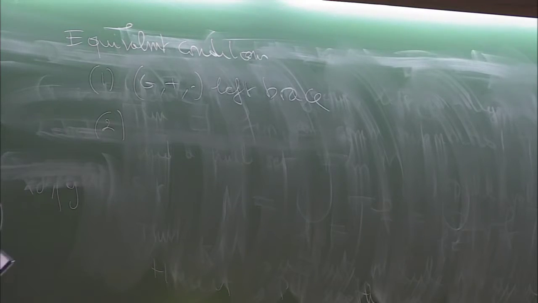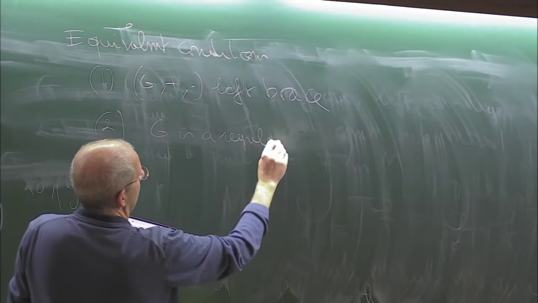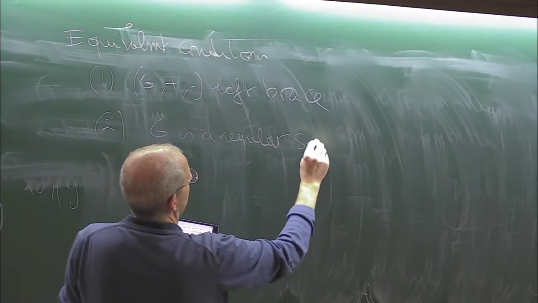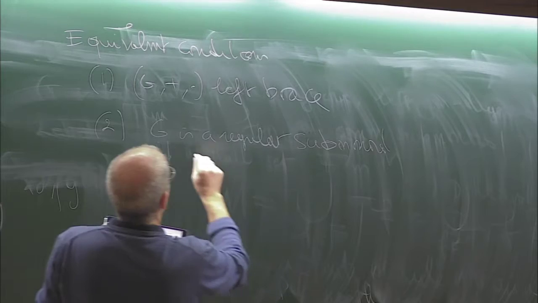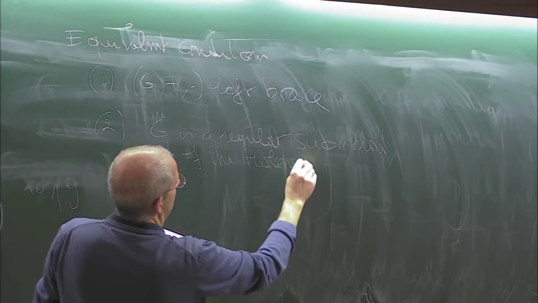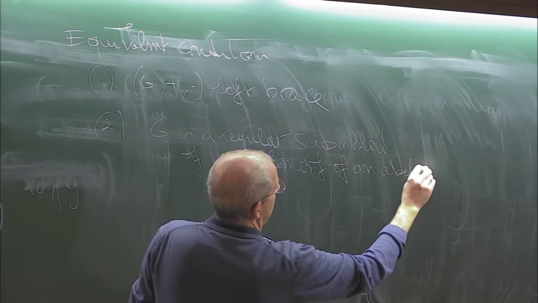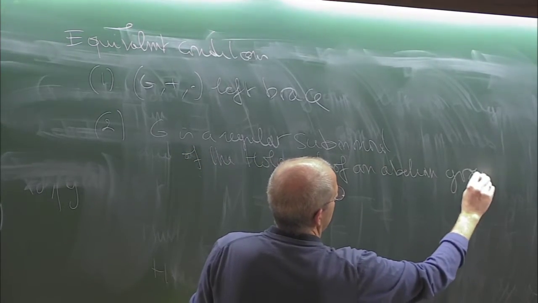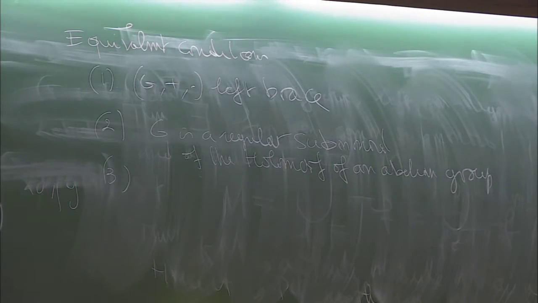Secondly, T is a regular submonoid of the holomorph of the abelian group. As I alluded to before, but this is not really what you might get excited about.